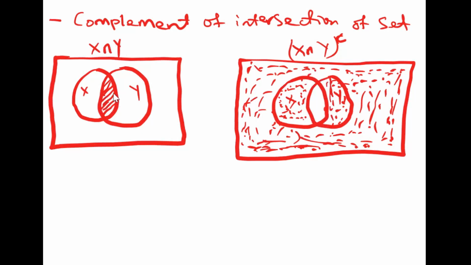X intersection Y is this. Therefore, outside this shaded area of intersection will give me X intersection Y complement.